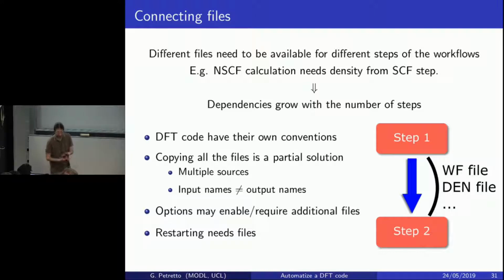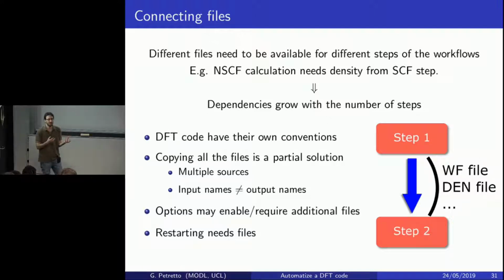Another sort of issue that you encounter quite early in the development process of a workflow is the connection of the different steps, and in particular the connection of the files. This might seem a trivial step because each one of us does this daily, and still all the DFT codes have their own subtleties and ways of passing the inputs and changing the conventions.